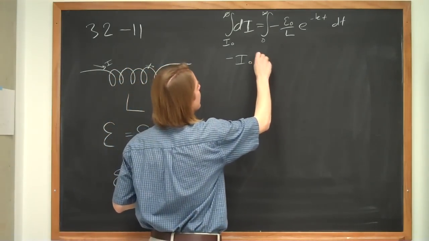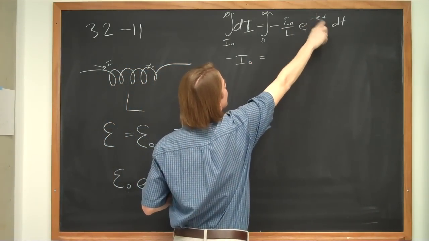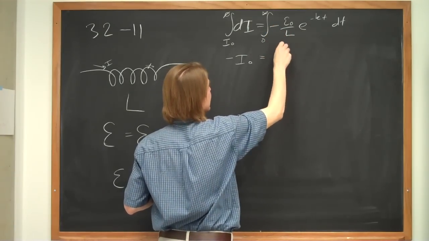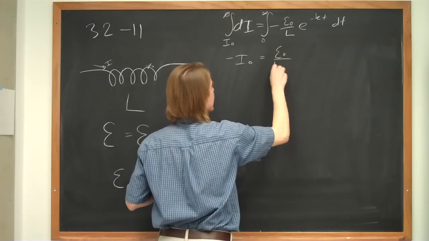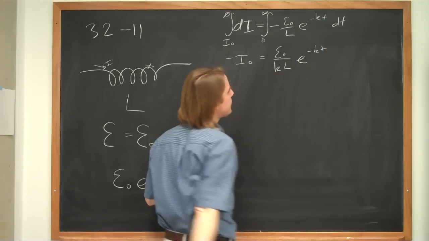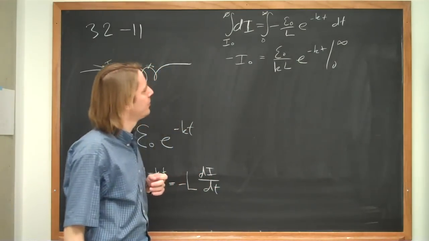Then we need to integrate this. It's just the integral of an exponent, so you divide by negative k. The k comes here, making that positive. You get E₀ over kL, and then you repeat the expression e^(-kt), and then apply the limits from 0 to infinity.